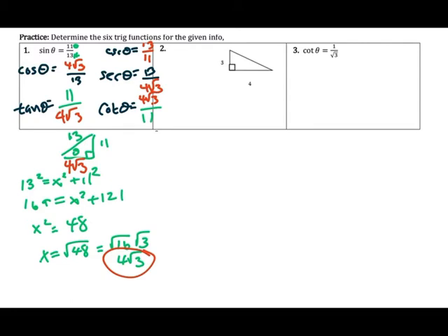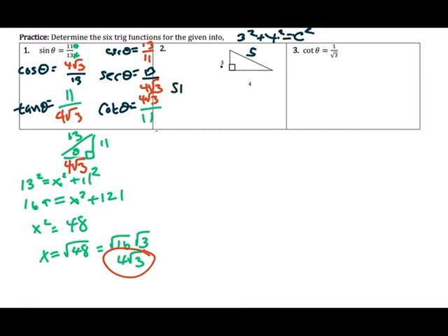Now on number 2, instead of being given a trig function to start with, we don't have sine or cosine or tangent, we have a right triangle. This is a Pythagorean triple. 3, 4 makes the hypotenuse 5. If you did not know that, you would just set up the Pythagorean theorem and solve for c, and you would get 5 in that way.